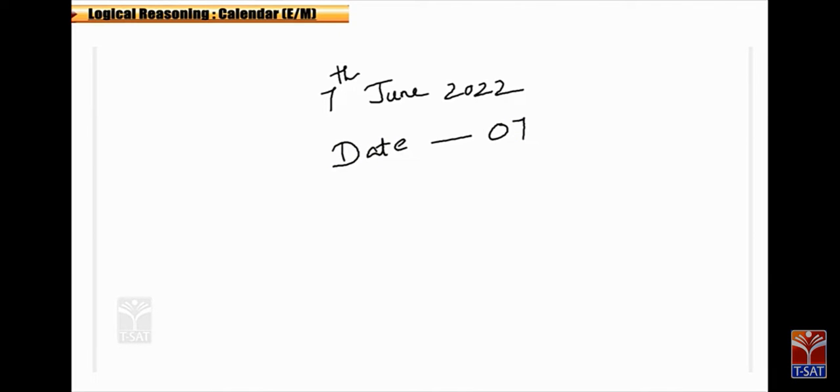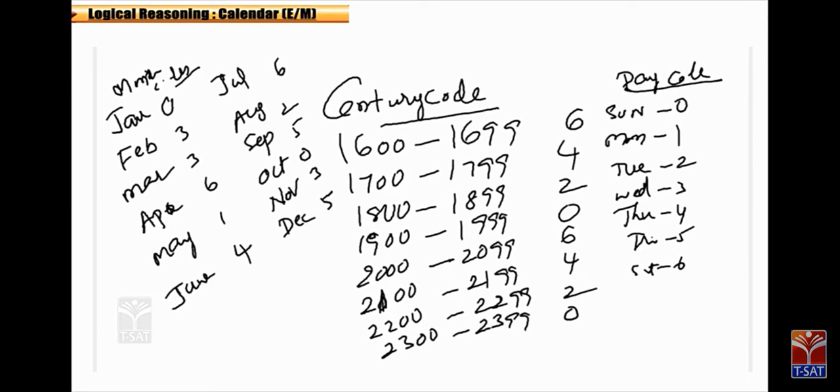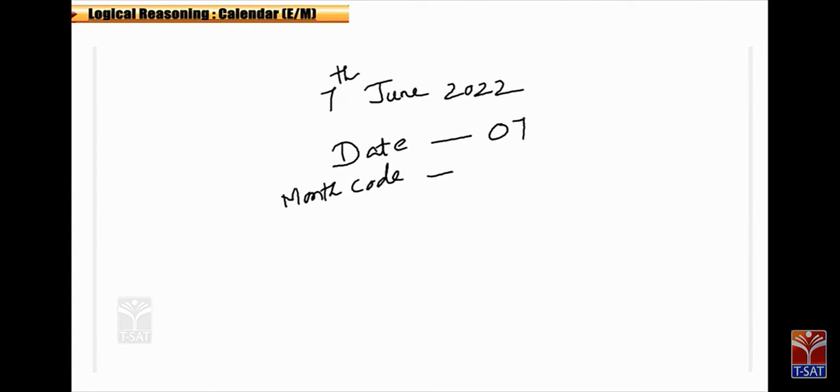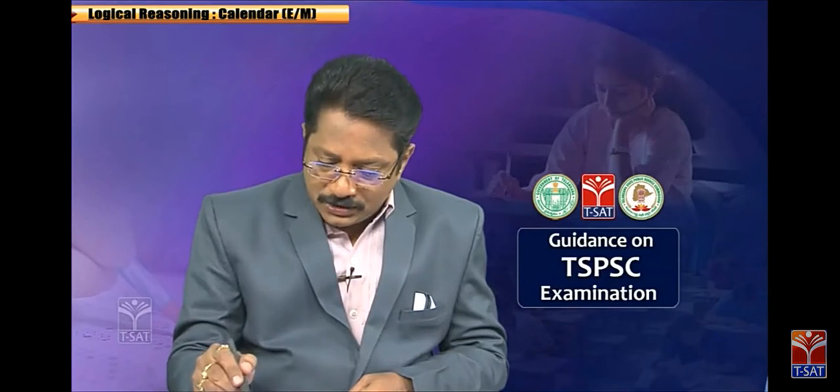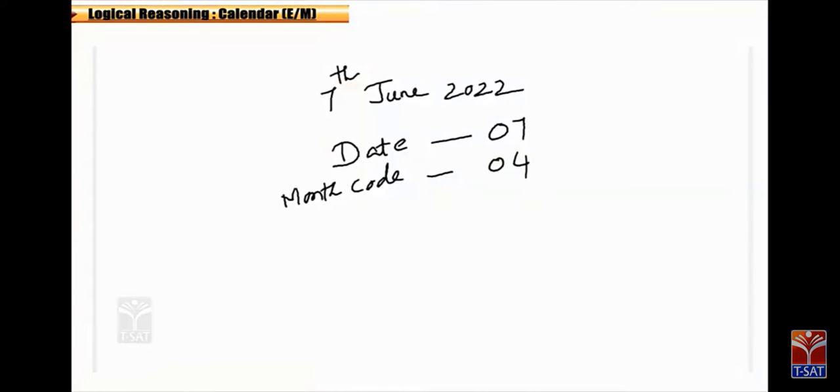Okay. Next, after writing the date, write the month code. June, we will check what the June code is. What is the code of June here? See it? 4, correct? Okay. So now we will add the month code 04.